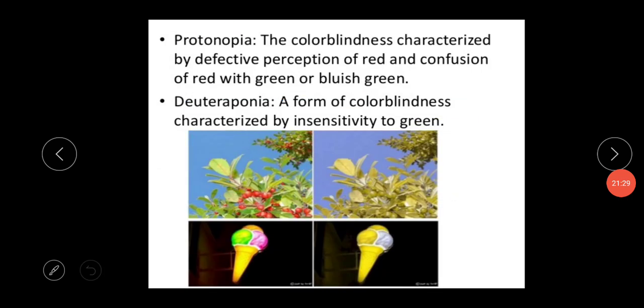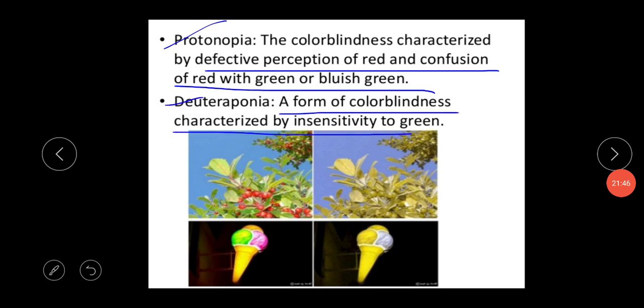Next is protanopia, characterized by defective perception of red and confusion of red with green or bluish green. Next is deuteranopia, a form of color blindness characterized by insensitivity to green.